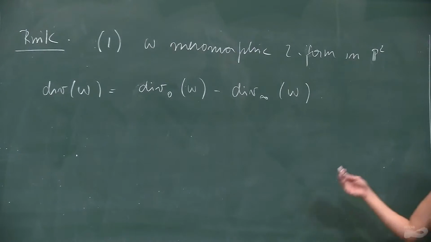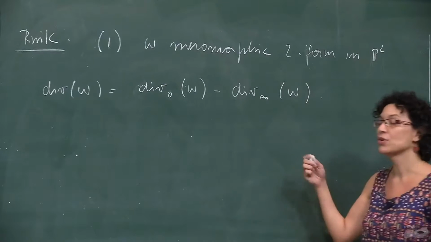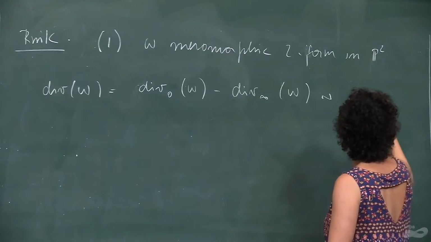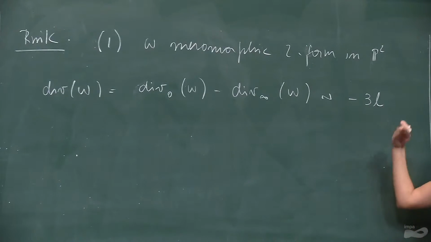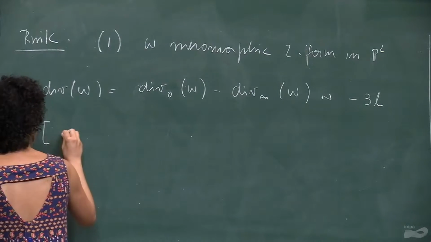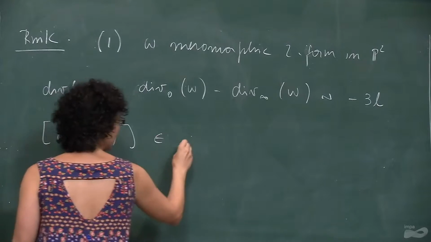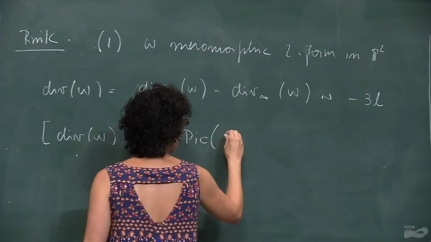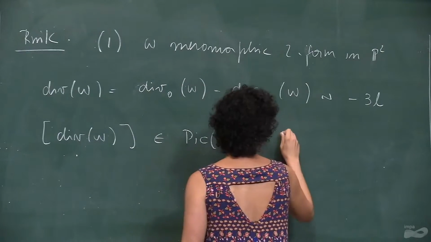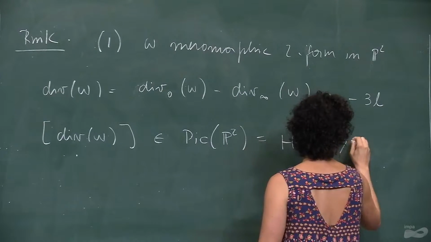So in general, if I take another volume form, this will give me a different divisor, but it will always be linearly equivalent to minus 3L. So when I write this, what I'm saying is that the class of this divisor, you can think of this either in the Picard group of P2, or in this case, the same thing as the second cohomology group of P2.